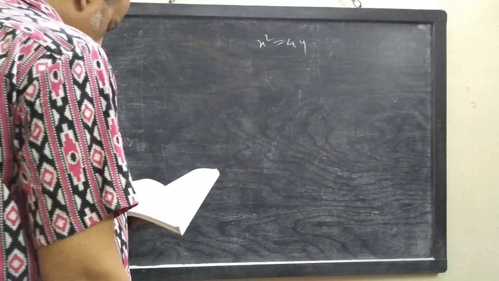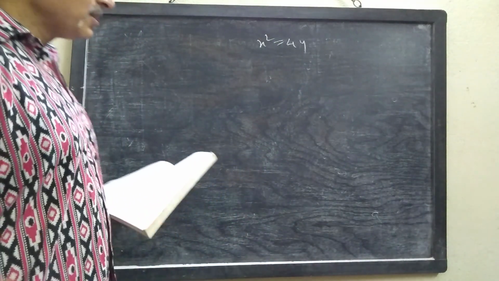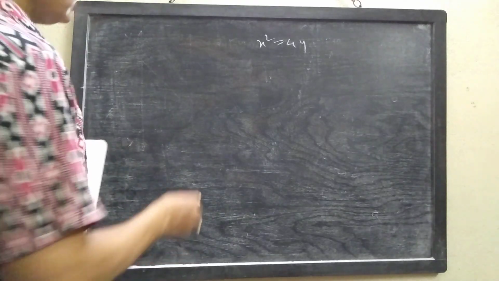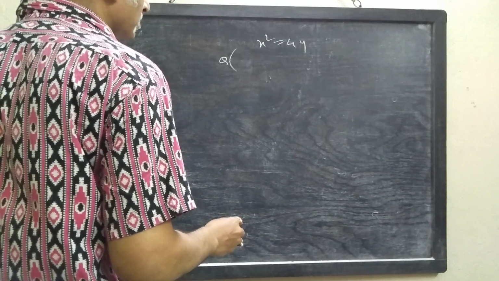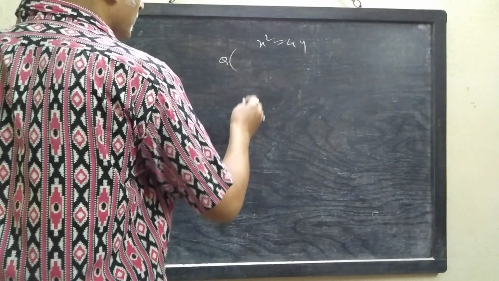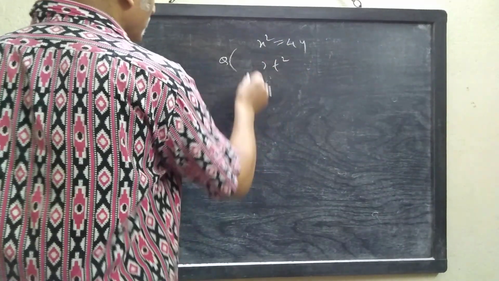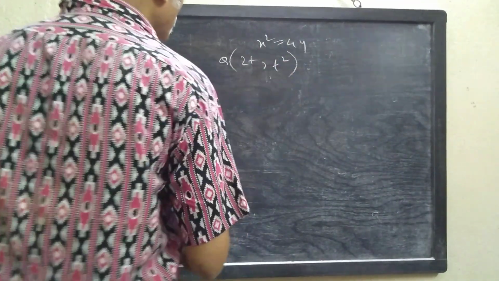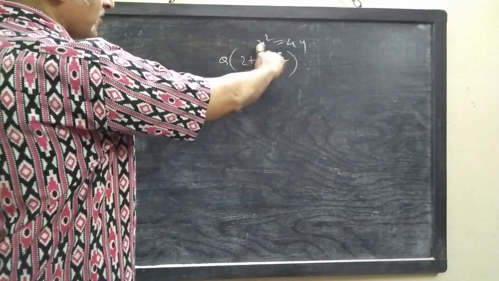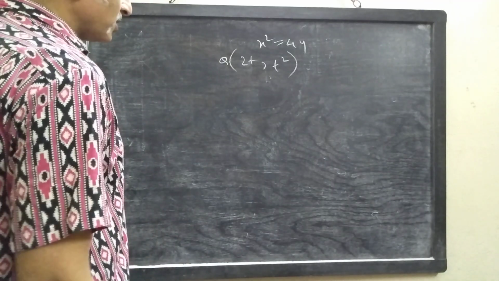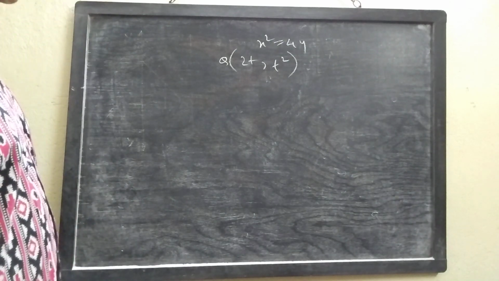O is origin, Q is a variable point lying on this. Variable point means any point on this curve. So let us take the coordinates of Q as follows. If you take y as t square, x square becomes 4t square, so x is 2t. So 2t comma t square can be taken as any point lying on this curve.